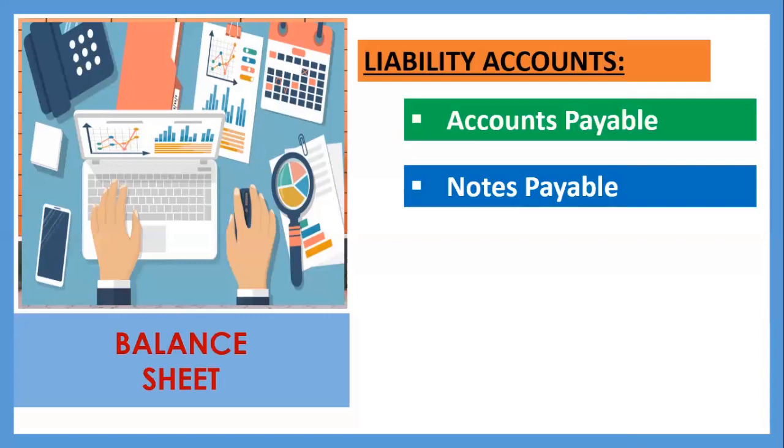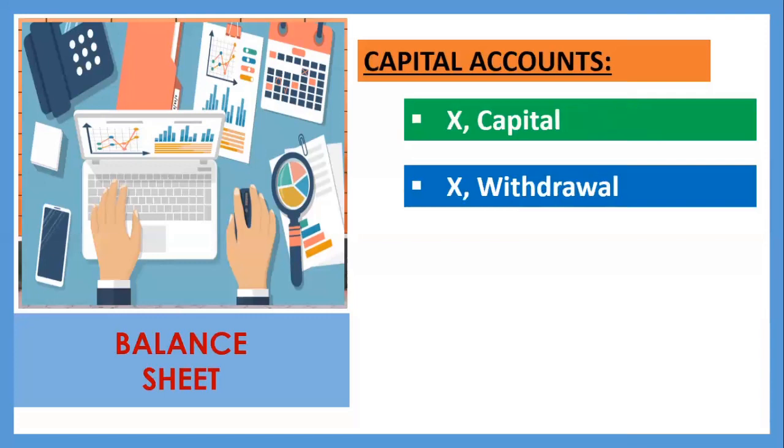If we talk about capital accounts, there are also two inclusions. First, we have X capital and X withdrawal. When we say X capital, it refers to the capital account of the owner. The letter X represents the name of the owner.